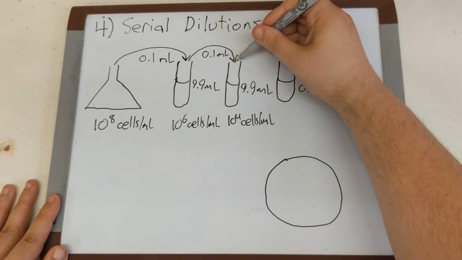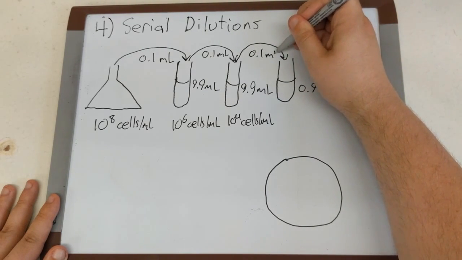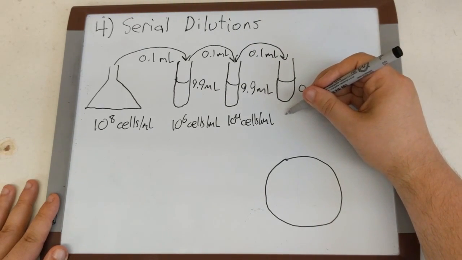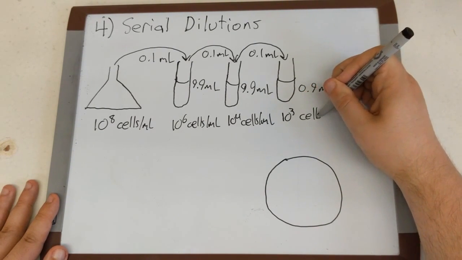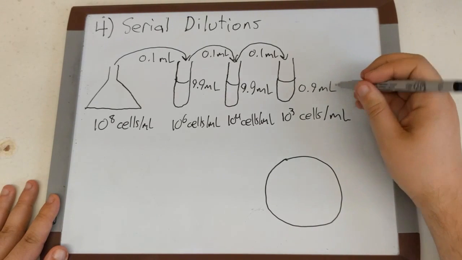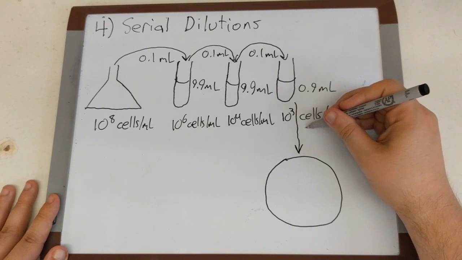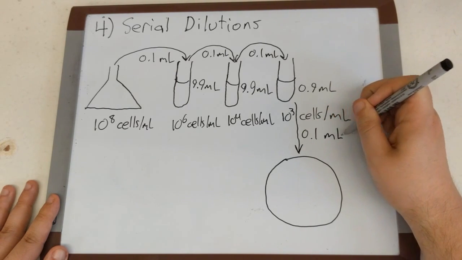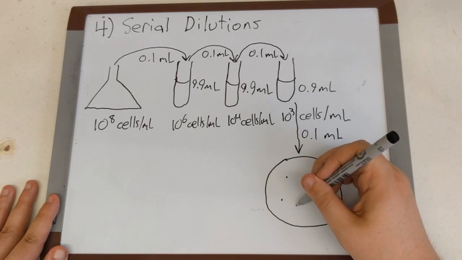So we're going to take 0.1 mL of the culture from the second test tube, and we're going to add that to 0.9 mL of LB. And it should give us around 10 to the 3 cells per mL. Finally, we're going to take 0.1 mL of the culture from the third test tube and plate that. And that should give us around 100 cells on the plate.